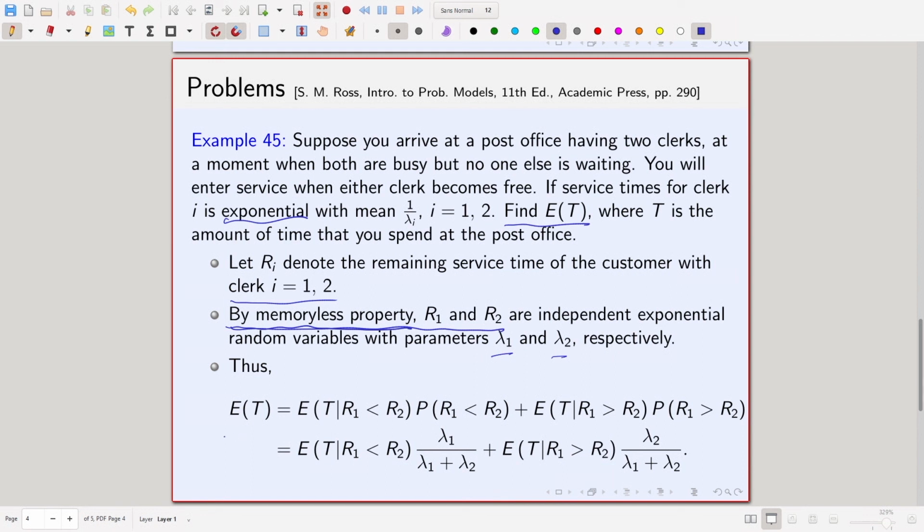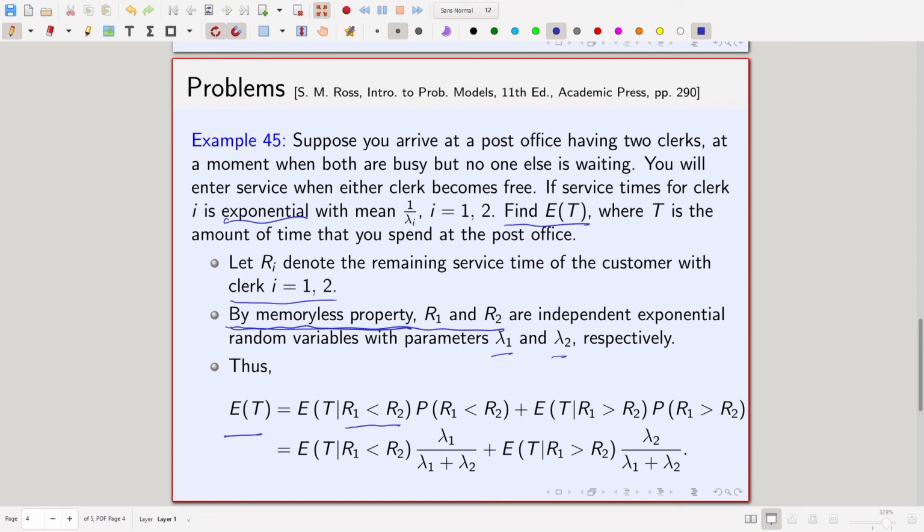So now you are interested in E of T. Again we do it via conditioning. Expectation of T, we write as expectation of T given the event R1 is less than R2. R1 less than R2 means clerk 1 becomes free first, so you will go to clerk 1.